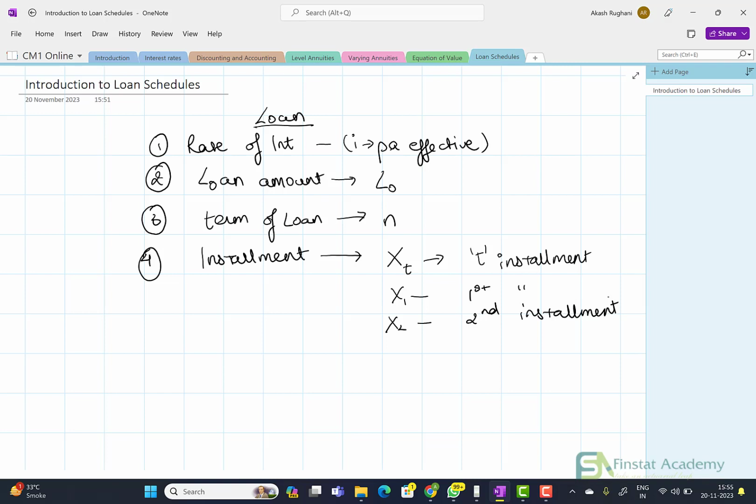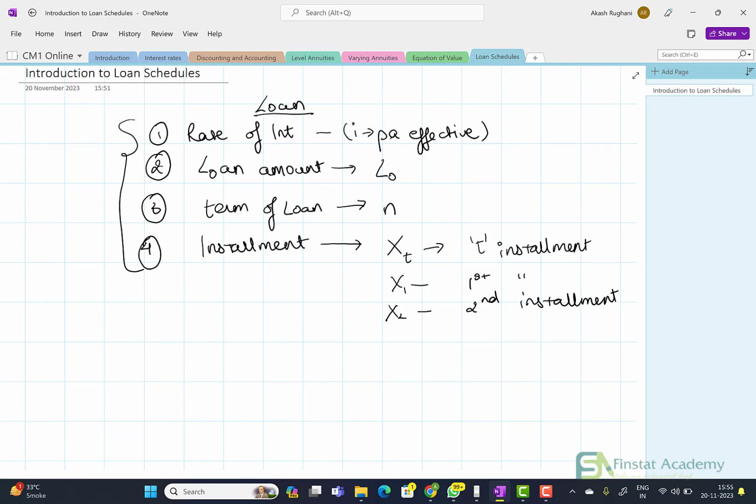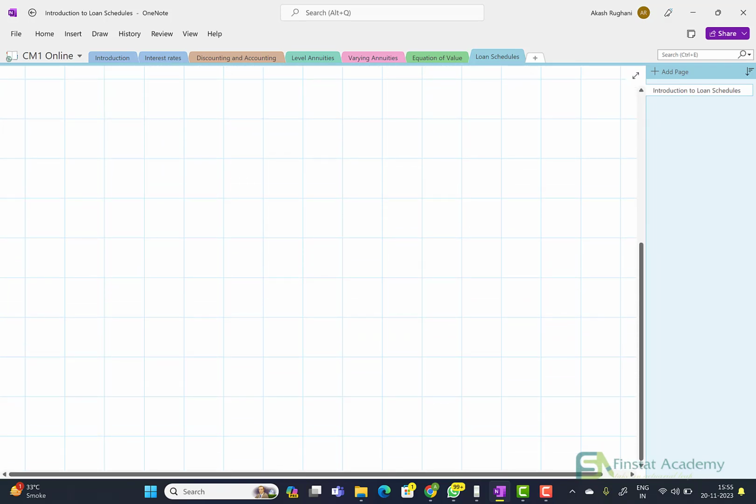So these are the basic elements of any loan, and we will be required to find these basic elements. This chapter will have two parts. The first part is finding elements of a loan.